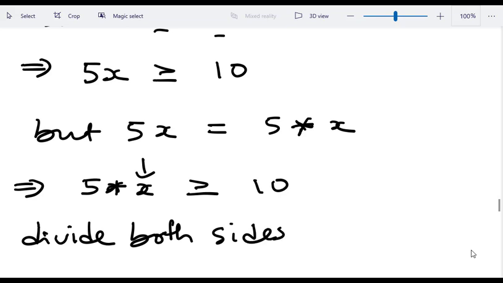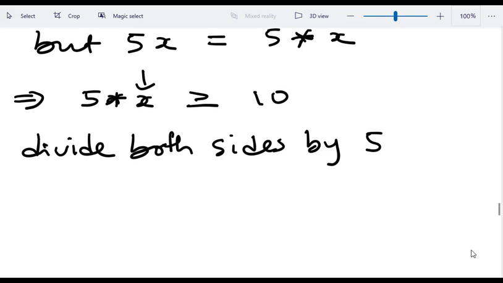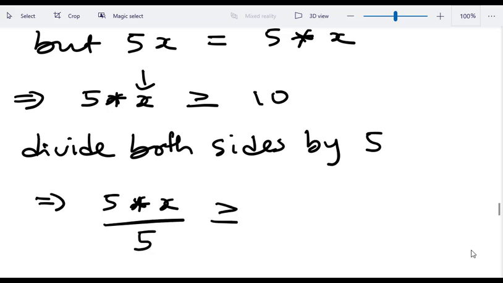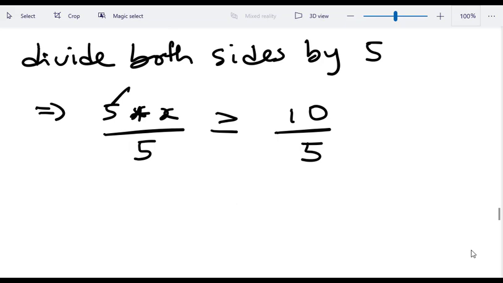We must divide both sides by 5 so as to get the value of x. So it implies that 5 multiplied by x, all divided by 5, will be greater than or equals to 10, also divided by 5. So this 5 will cancel this 5, x falls down, greater than or equals to 10 divided by 5, which will obviously give us 2.